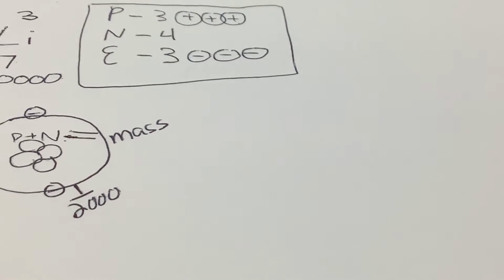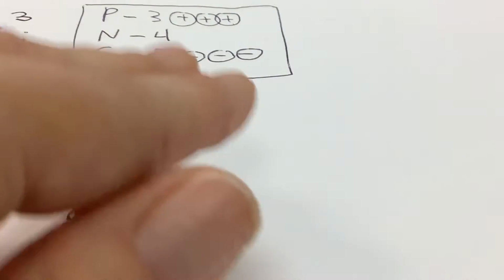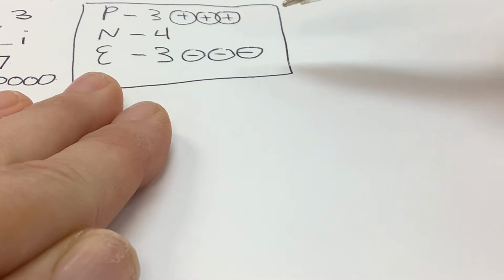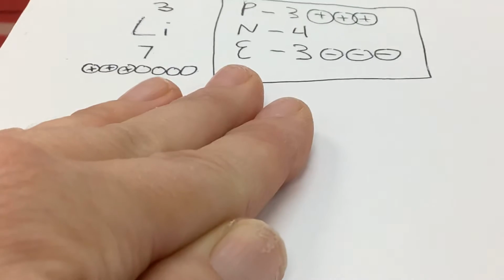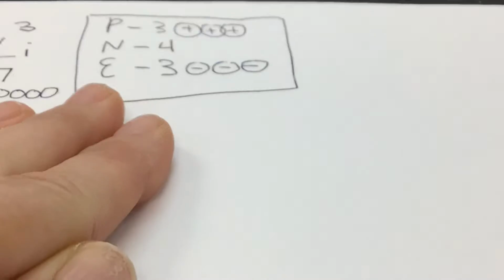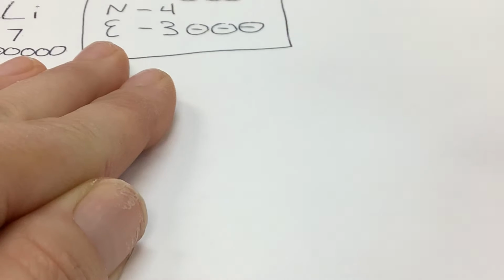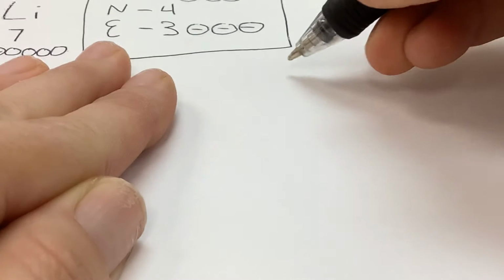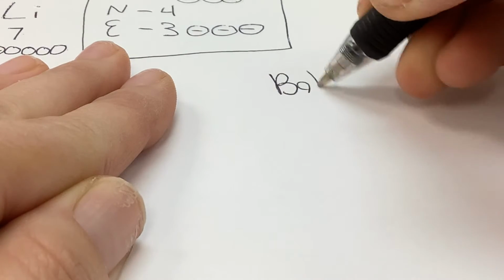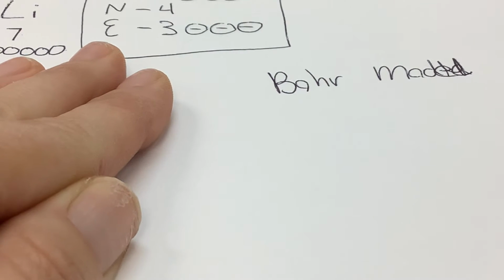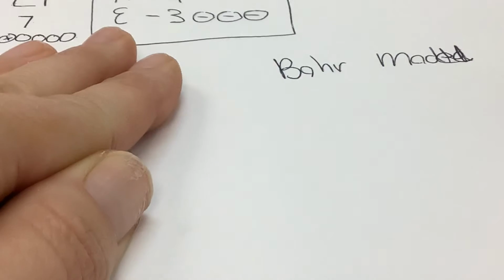I'm going to draw my nucleus, and this is called the Bohr model. Going back to the atomic mass, the nucleus has 7 things.